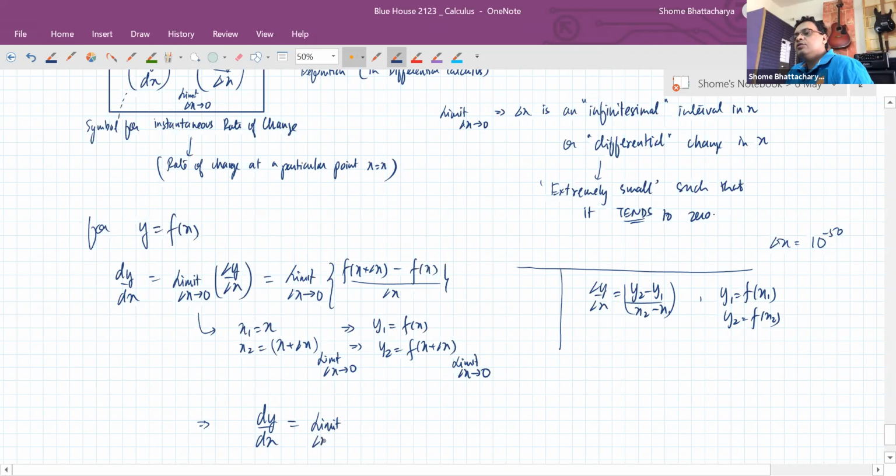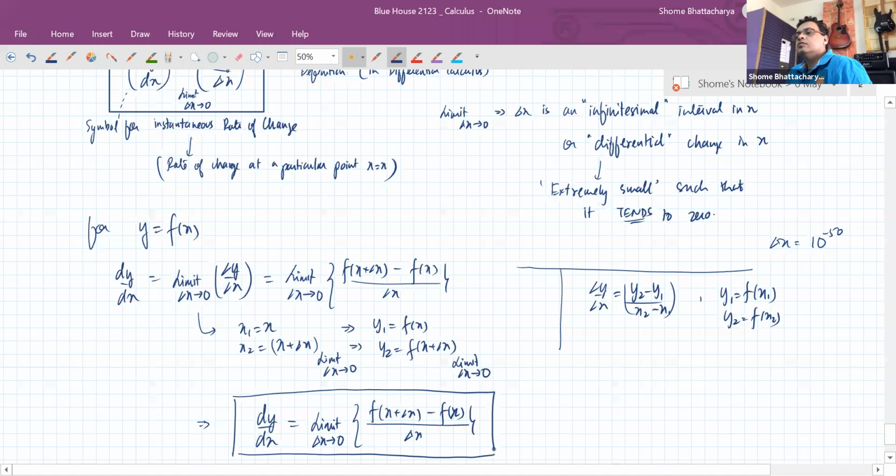It is the calculation of this limit, delta x tending to 0, of the change in the y coordinate at a point f(x) divided by the change in x coordinate, under the condition that the change in x coordinate is extremely small, tending to 0. So this is the meaning of dy by dx algebraically speaking.